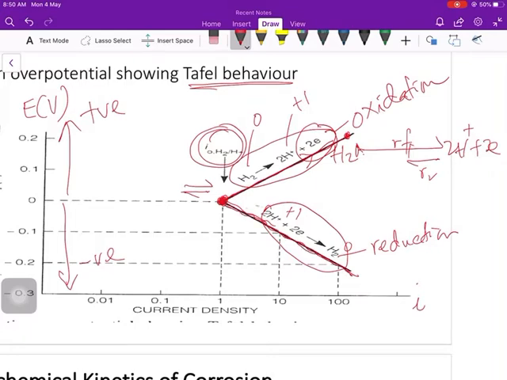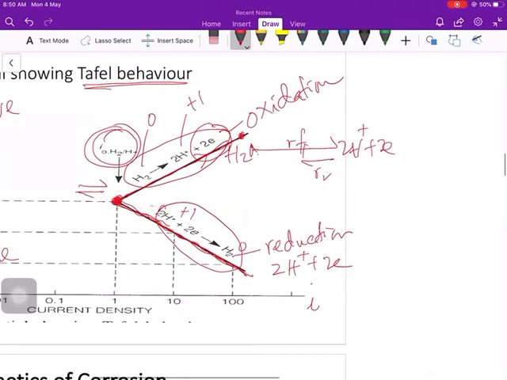If the reaction occurs downward, going downward, it means that in the reduction process, the rate of reduction is faster than the rate of oxidation. So this is the overpotential for reduction.